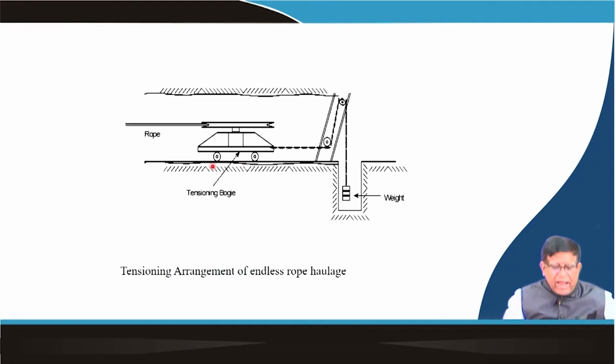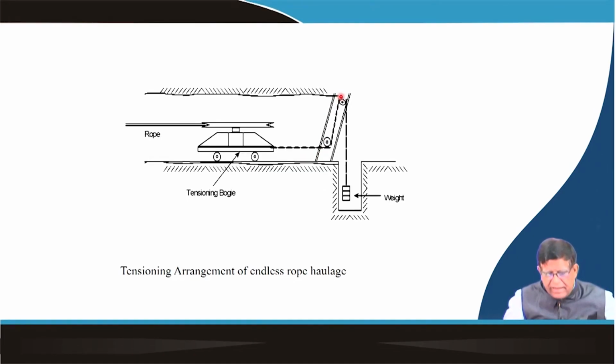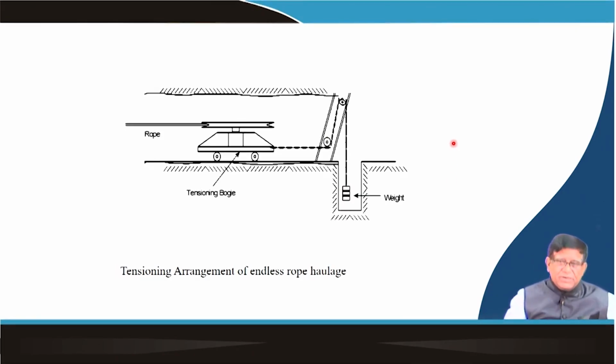You have a track, you connect it on that track, and you make an excavation in such a way that there is a pit over here. If this tension is less, the slack side will accommodate this weight by pulling it down. So, this type of tensioning arrangement is used with endless rope haulage systems.